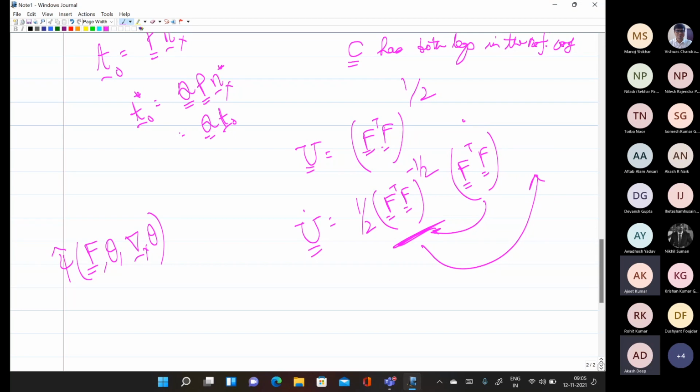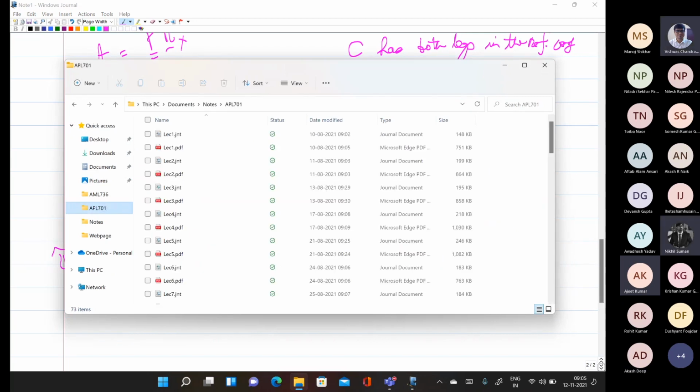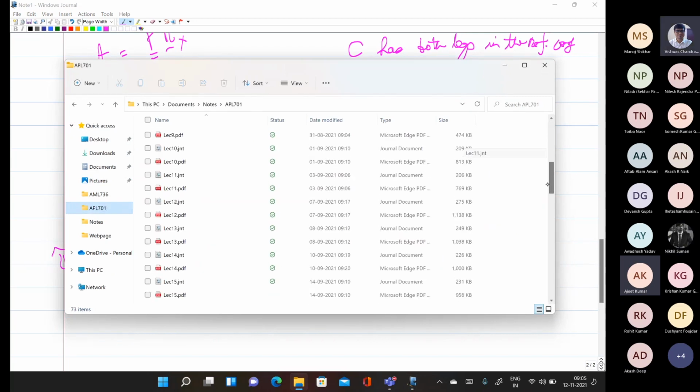Sir, why was grad of theta not taken there? Yeah, because we actually proved it in the lecture that the dependence on grad theta is gone. Vishwas, can you tell me which lecture it is? Lecture 30. Okay.